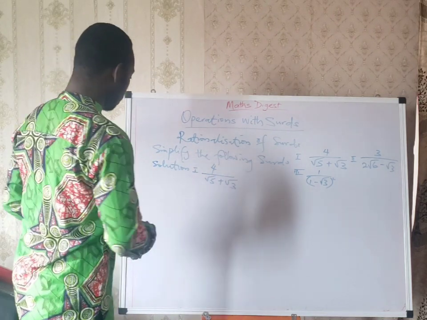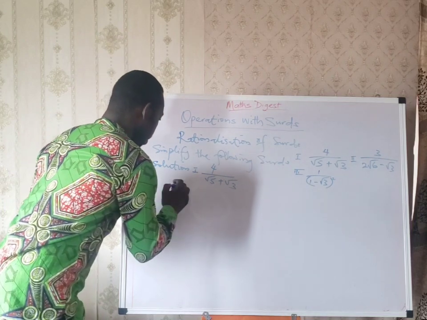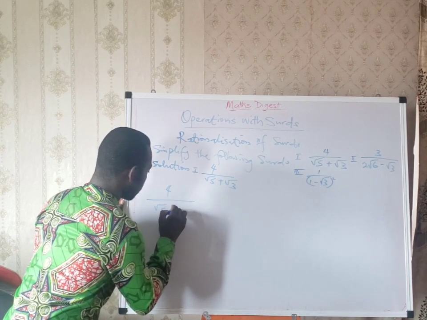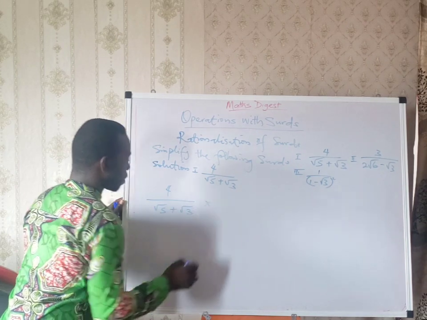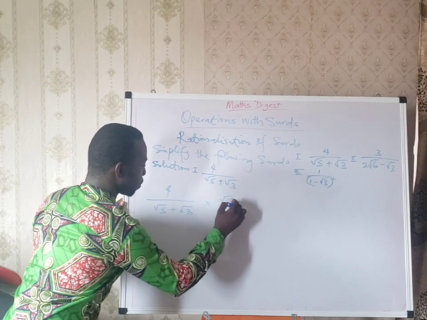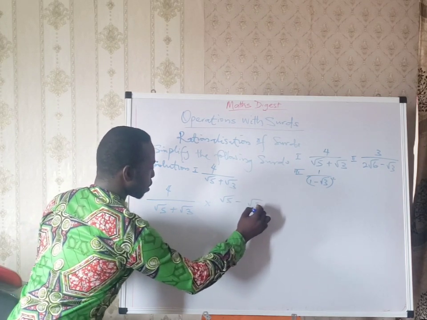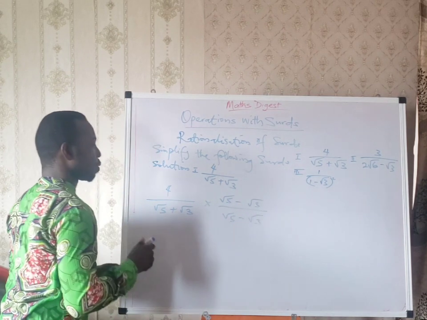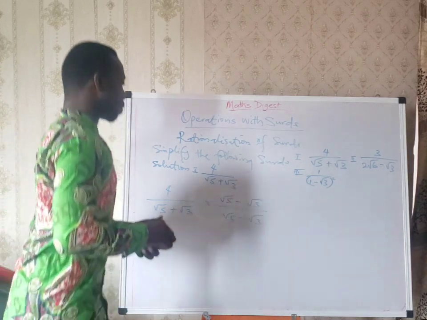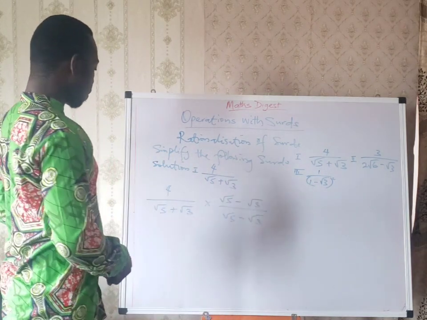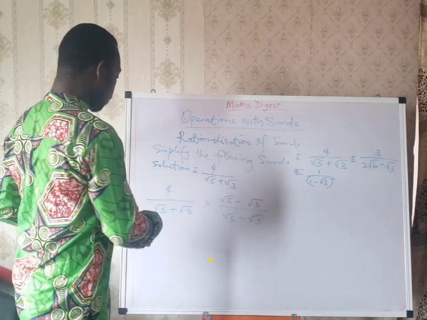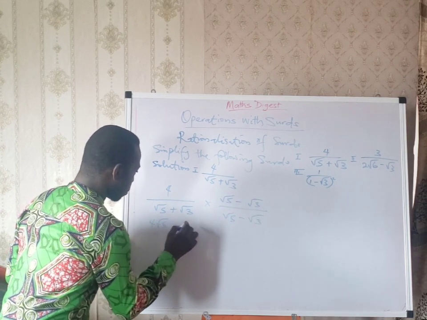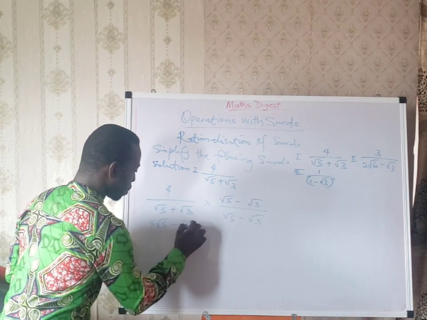And remember, the conjugation is: 4 over root 5 plus root 3, times root 5 minus root 3, all over root 5 minus root 3. Whatever you have up, you have down as well. From here, you multiply out. From the numerator side, you say 4 times root 5 is 4 root 5, minus 4 times root 3 is 4 root 3.